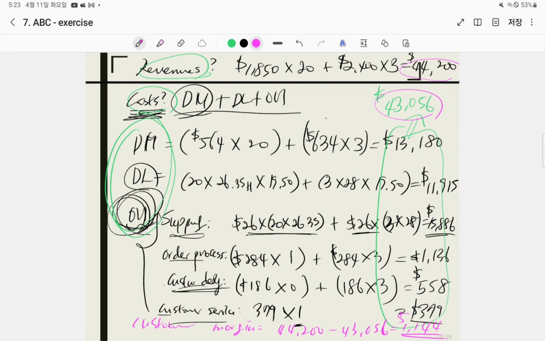Okay, we are done with the exercises for activity-based costing. The exercises seem rather simple because we are already given the types of activities and activity measures and activity rates, etc. But in practice, it is really complicated. Why?